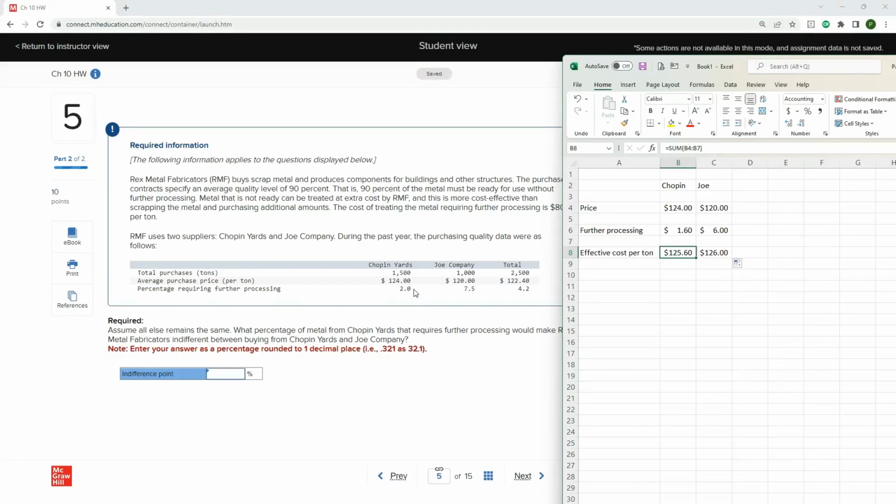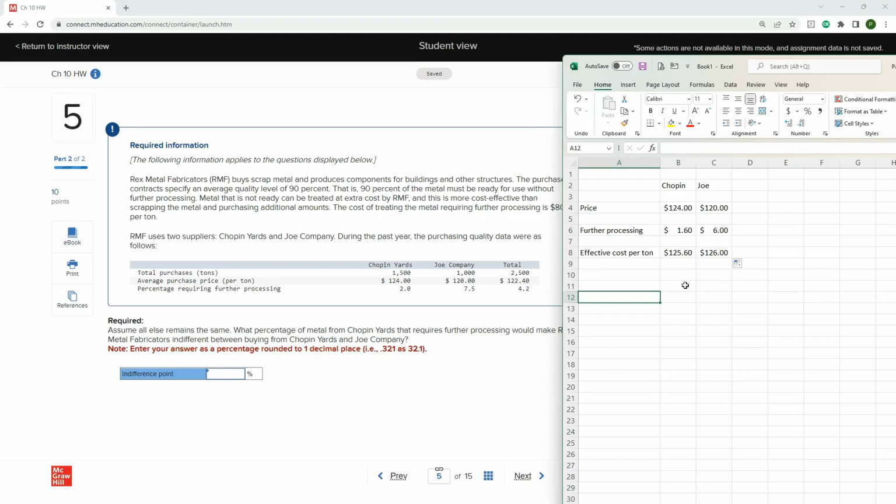So right now for Chopin, 2% of their materials needs to be further processed. But we need to figure out how much more can Chopin go up before it becomes the same as Joe Company. So we need to create an algebraic equation to figure this out.